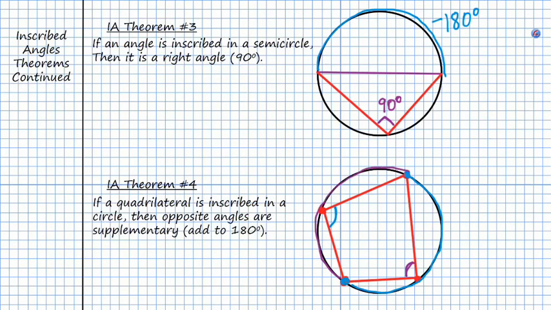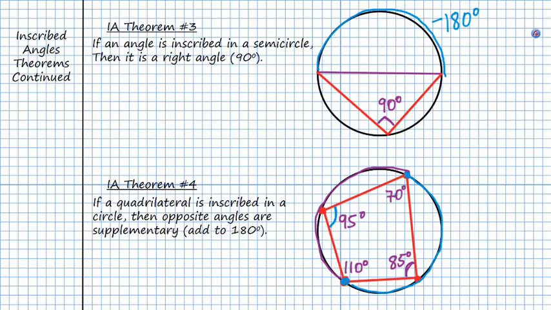And what do we notice about those two arcs? Well, those two arcs make up the whole circle, and a whole circle is 360 degrees. So if we're taking half of each of those measures, it makes sense that we'll end up at 180. So over here we can have 95, 85, here we'll have 110, and here we'll have 70.